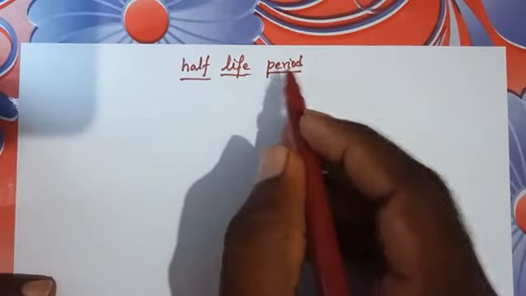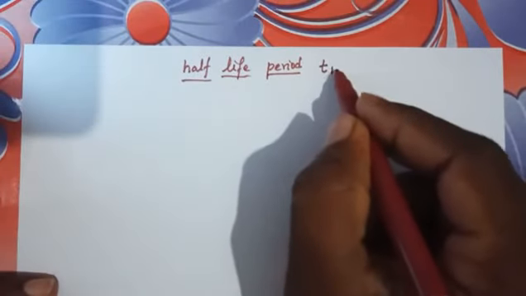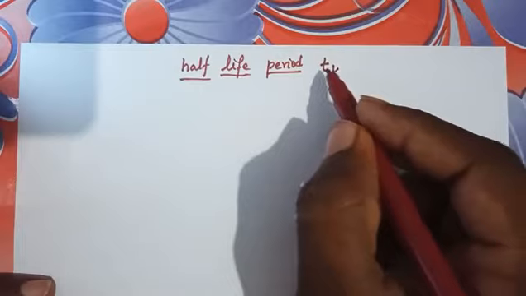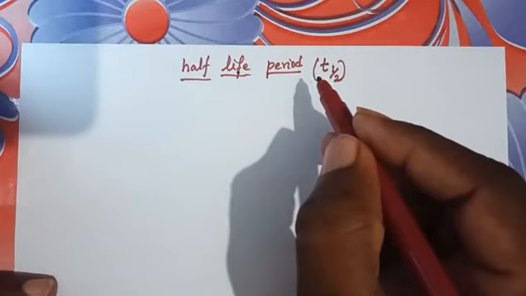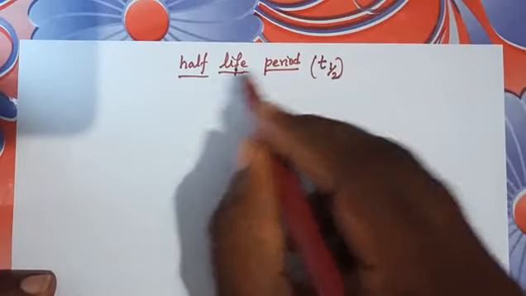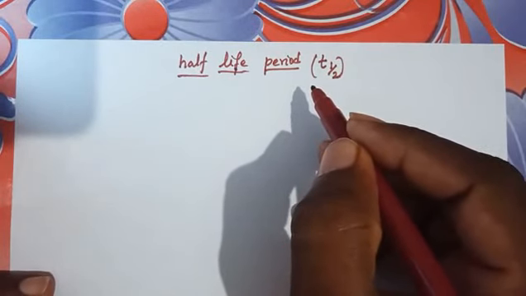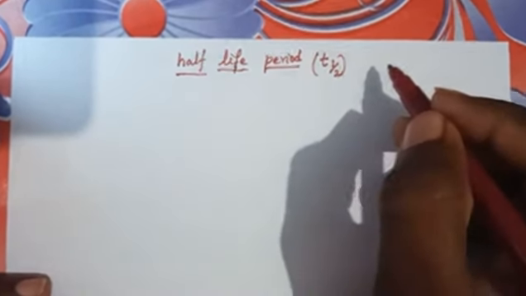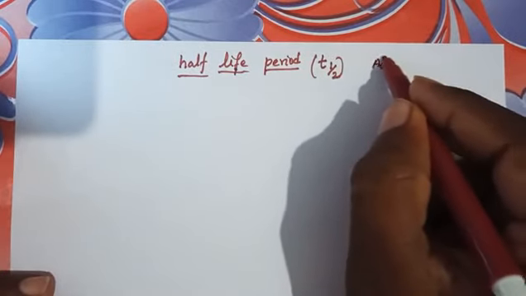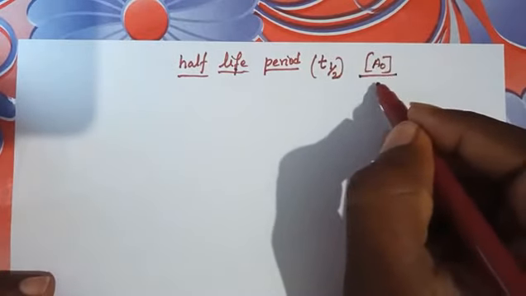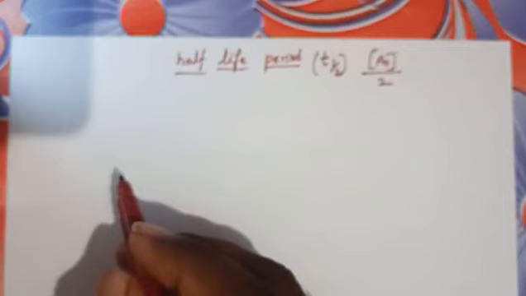Half-life period. The period represents time t, and the half represents half value. So we can discuss t half in terms of the concentration or initial concentration. Half-life period t half is the time taken when the initial concentration A naught is reduced to half of its initial value.